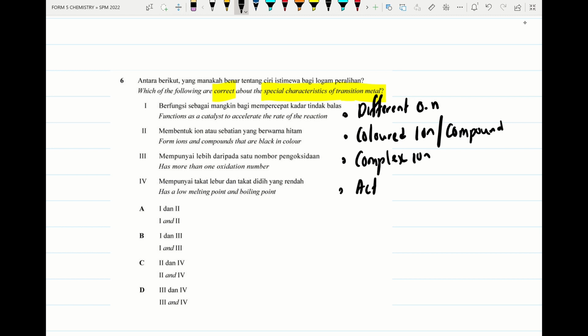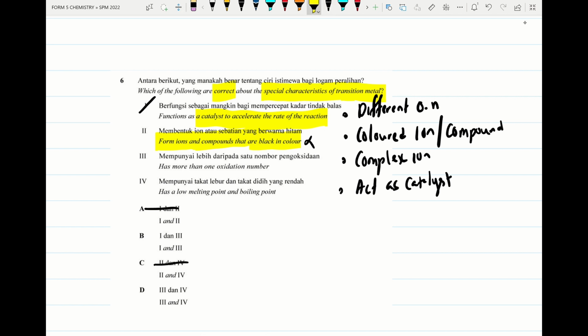They act as catalysts in certain specific chemical reactions. Right, so we try to check number 1, function as catalyst to accelerate the rate of reaction. So can answer number 1 be accepted? So we go for number 2, form ions and compounds that are black in color. It should be colored ions. So number 2, we cancel all the number 2.